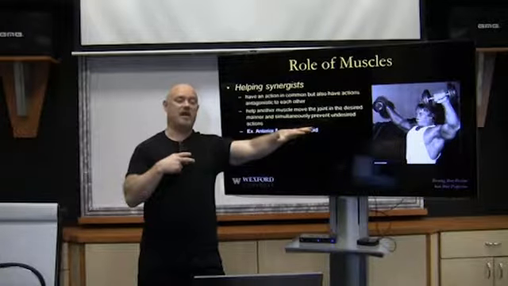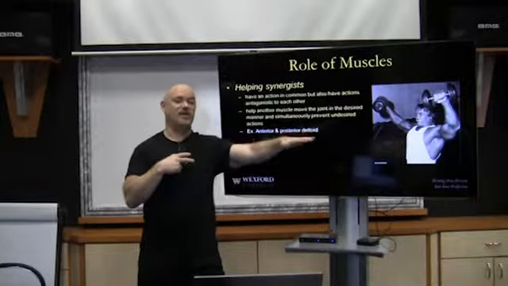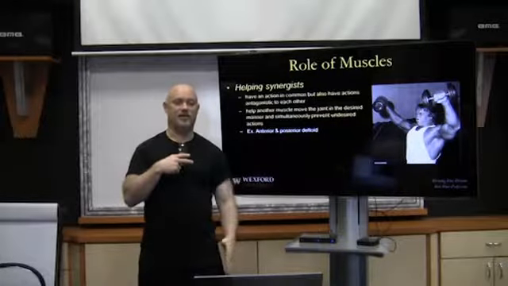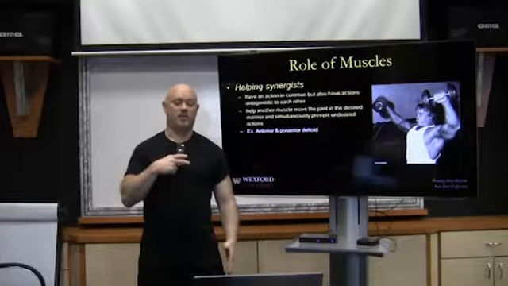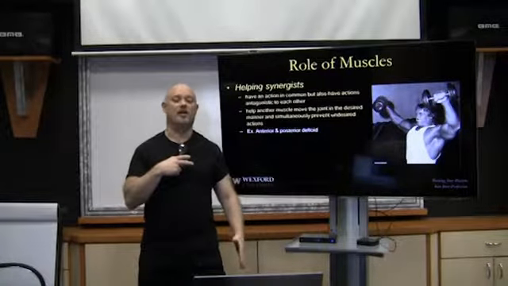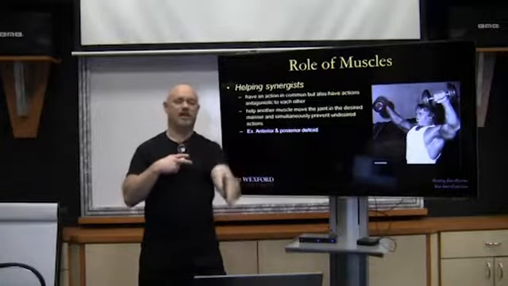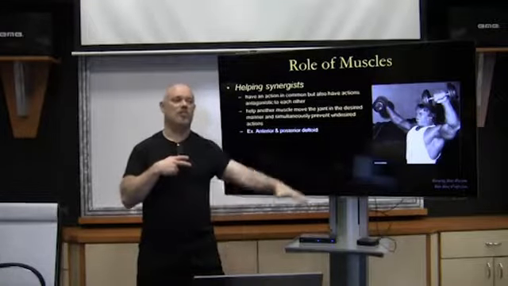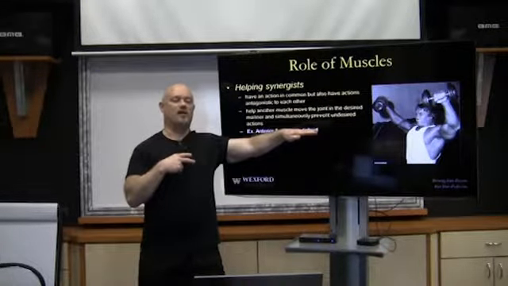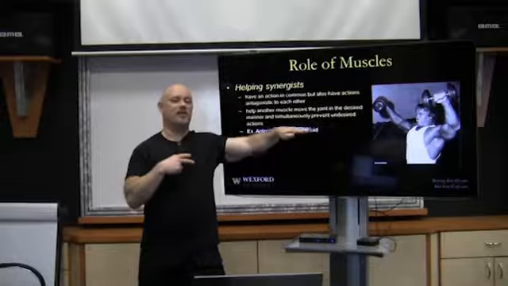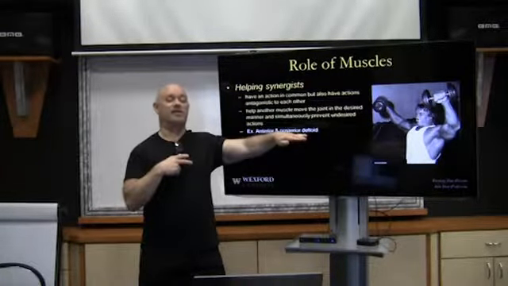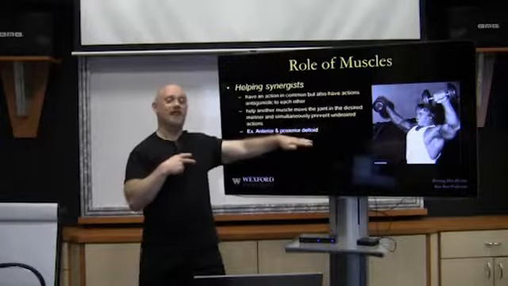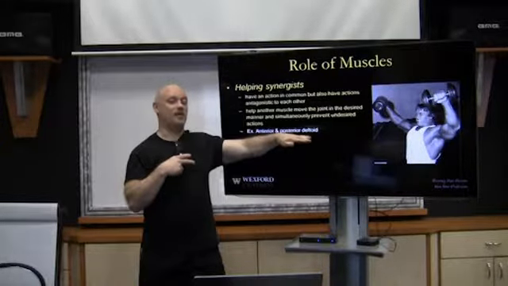abduction. But what about the anterior and posterior deltoid too? If we look at the anterior deltoid, it causes what? Flexion, and the posterior deltoid causes extension. Flexion, extension, abduction. But when we get to here, we don't want the anterior deltoid to do flexion in the transverse plane, and we don't want the posterior delt doing extension in the transverse plane either.